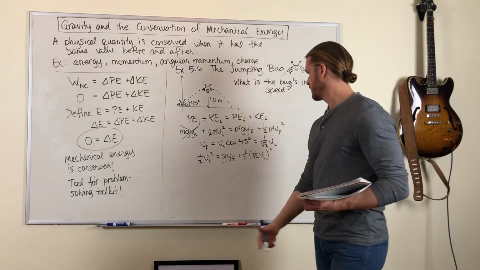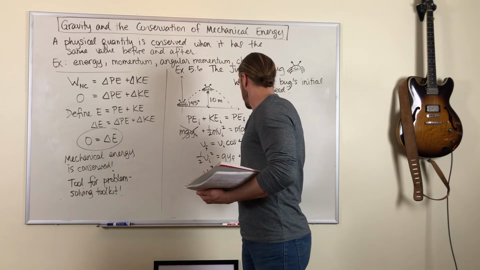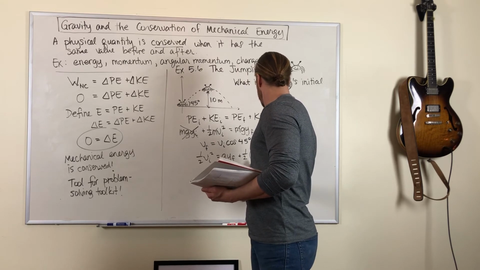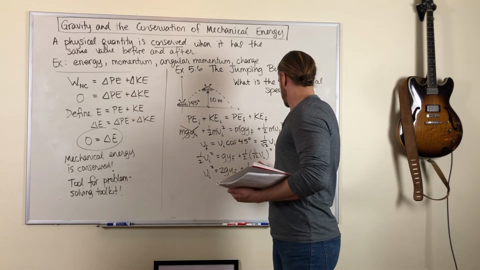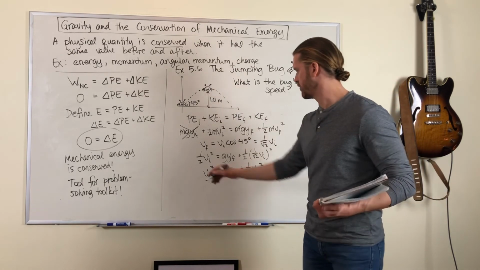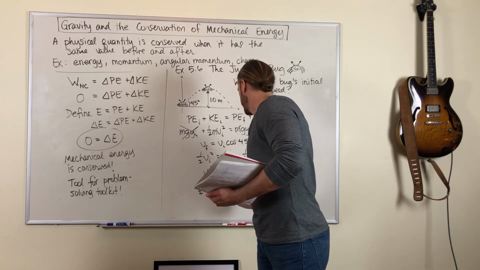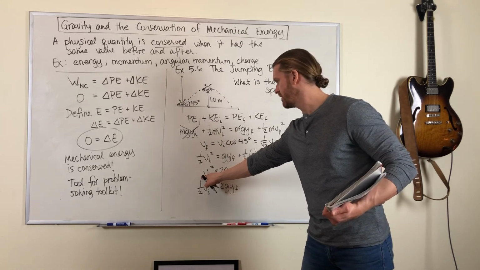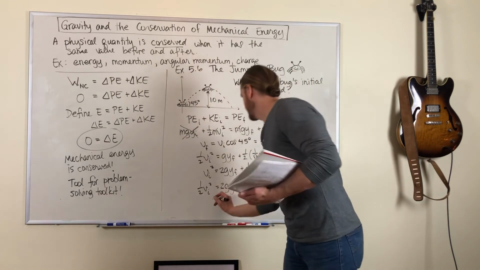Now we can do some algebra. The v initial squared equals 2g y final plus 1/2 v initial squared, and we'll subtract this from both sides, giving us 1/2 v initial squared equals 2g y final, because this is 1 v initial squared, and we subtract 1/2 from it, so we get 1/2 v initial squared.